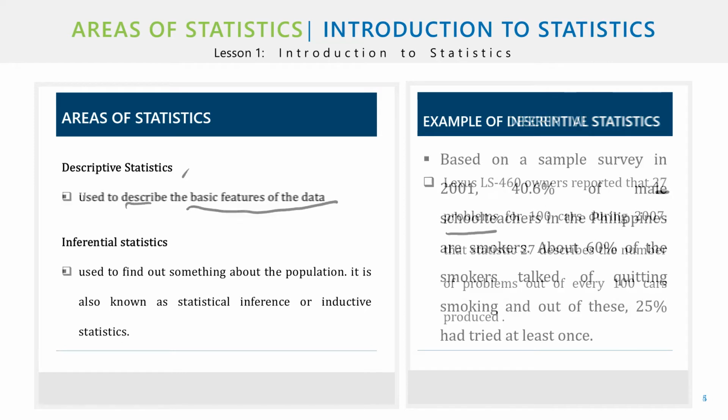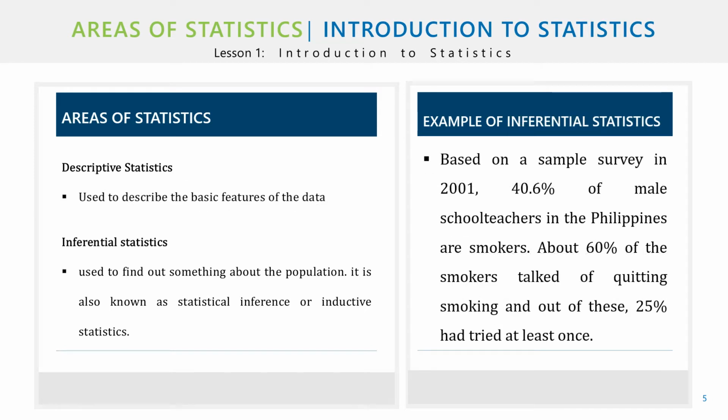However, inferential statistics is used to find out something about the population. It is also known as statistical inference or inductive statistics. Inferential statistics tries to reach conclusions that go beyond the existing data, which means once you've got the sample from the population, nakuha nyo na yung sample, and then after the sample kukunin nyo naman yung data, di ba?